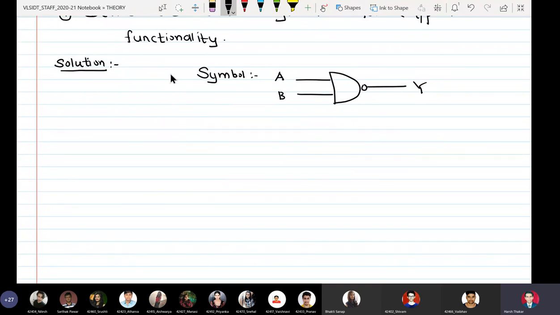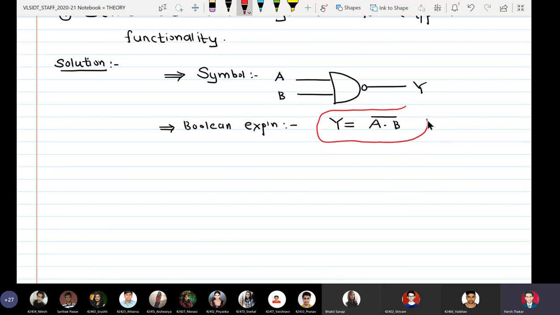The Boolean expression is Y equal to (A dot B) whole bar. Please understand this is the starting point of CMOS logic design.